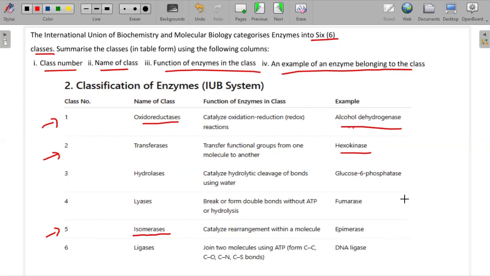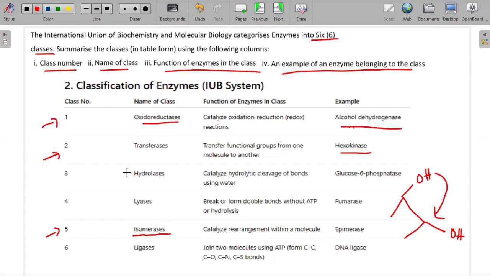So let's say I have this molecule here, and it has maybe an OH there. Then when an isomerase acts here, this OH can be moved. It is still on this same molecule, but now it's there like that. This is a very common question that I've seen occurring in tests. They want you to differentiate between the isomerases and the transferases.